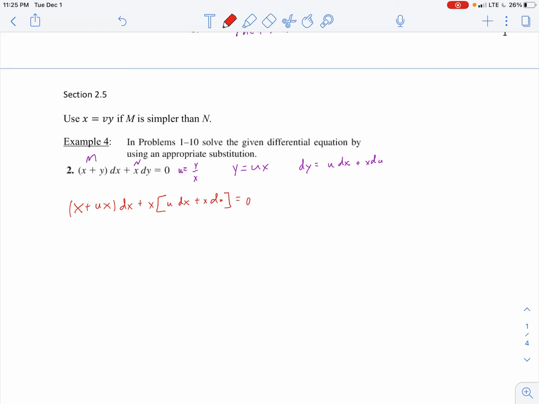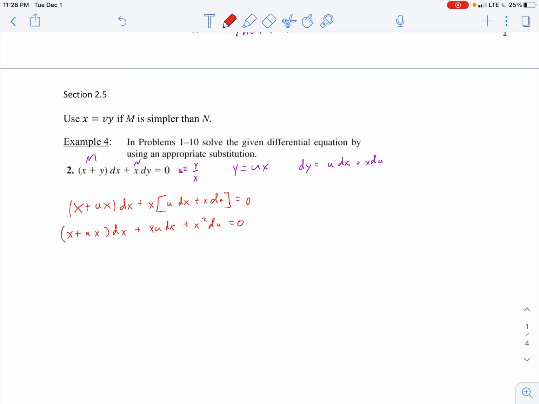And now I'm going to distribute this x into that. And so I'm going to get x plus ux dx plus xu dx plus x squared du, so that equals 0.